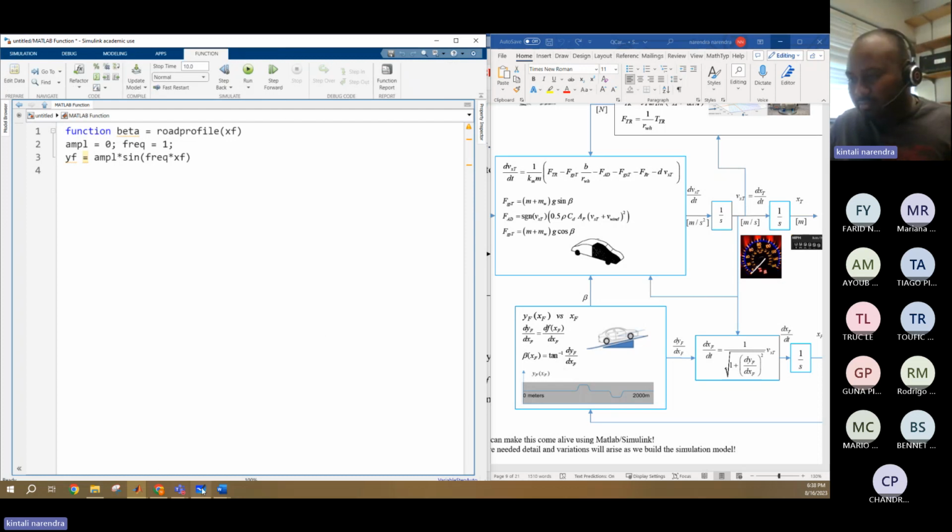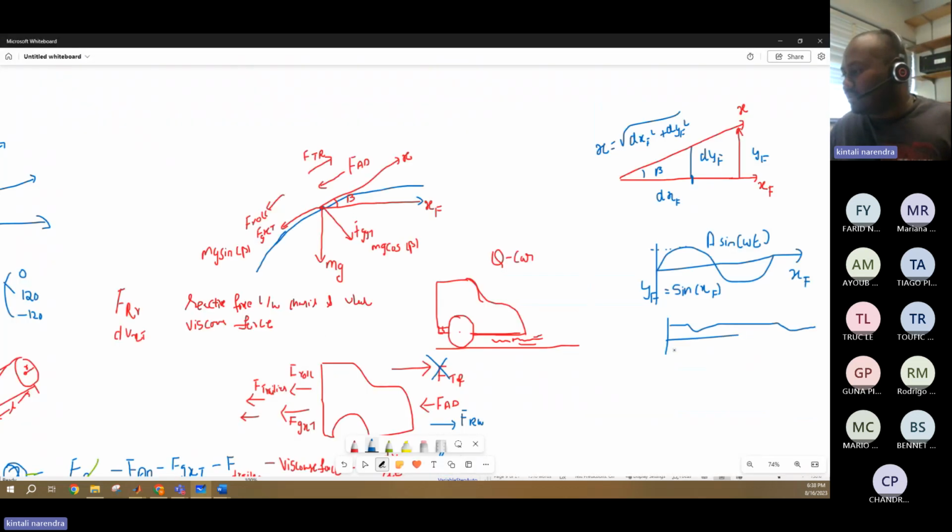It is very simple. Differentiation is nothing but, if you say dx of f by dt, it is nothing but delta x of f by delta t. So it is nothing but a difference between two intervals.